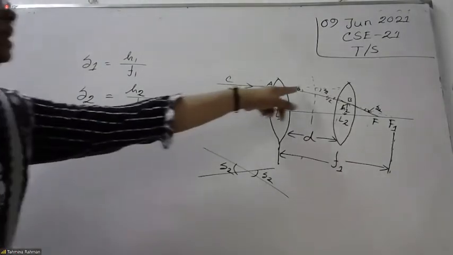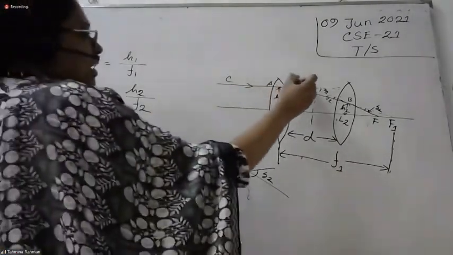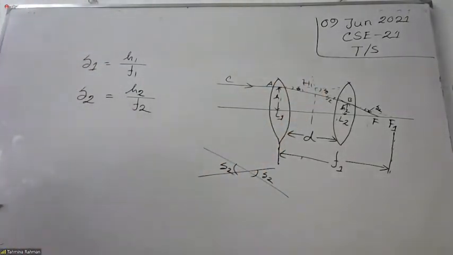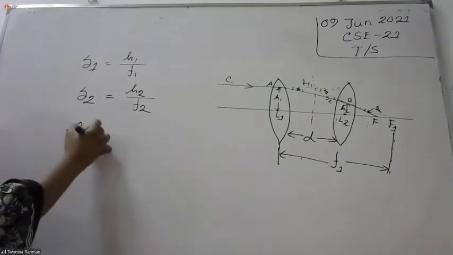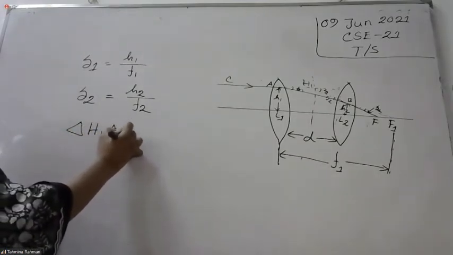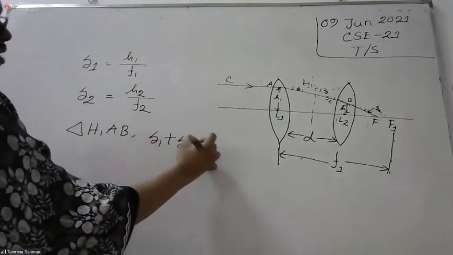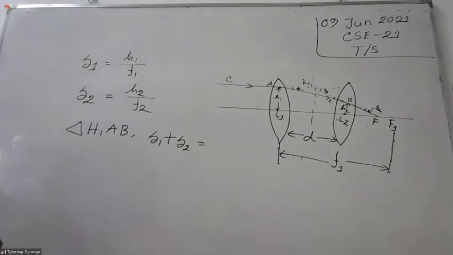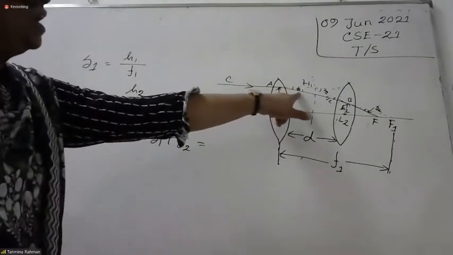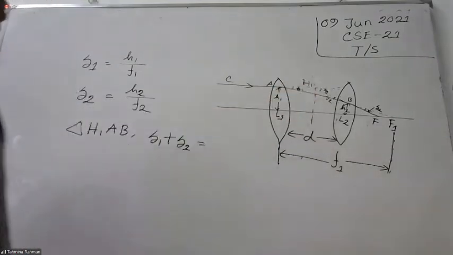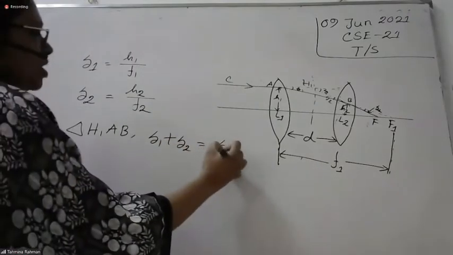So in this triangle, H1 A B, del 1 plus del 2 equals what? That is equal to H1 by F1 plus H2 by F2. This is equal to del.